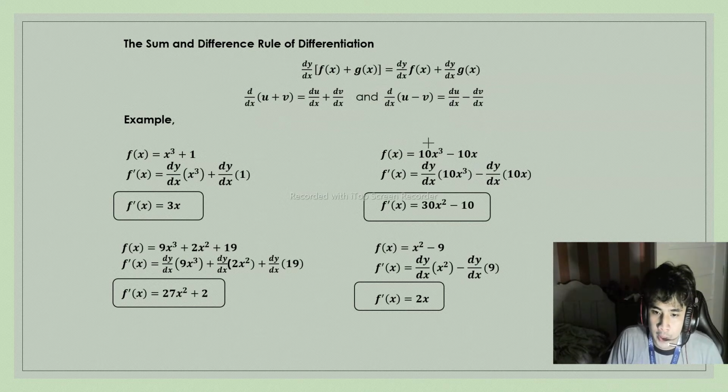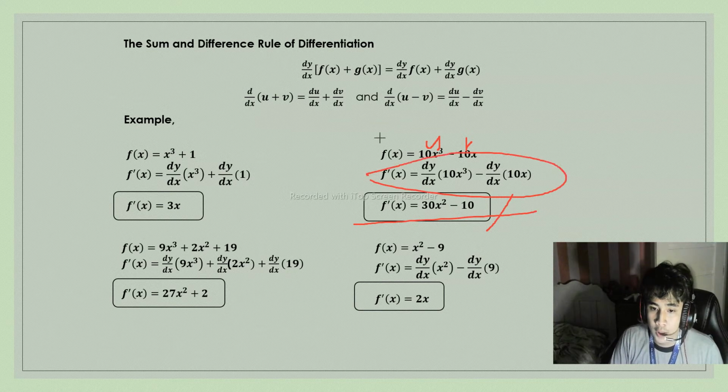Ganyan lang. Ito yung u, tapos ito yung v. Constant for variables. So, the derivative of 10x cubed will be 30x squared. And the derivative of 10x is 10.